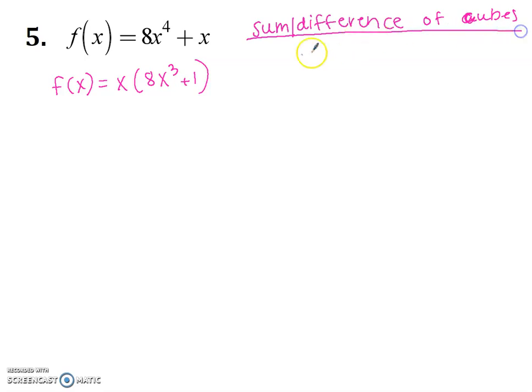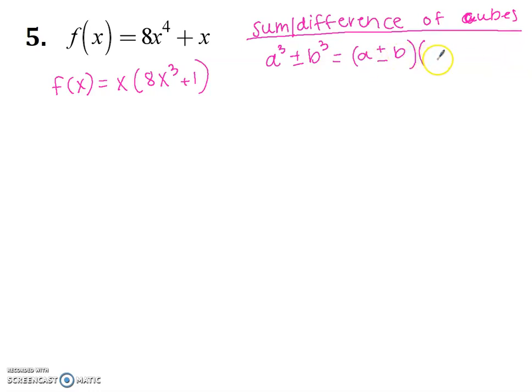To factor a sum or difference of cubes, you're going to have something cubed, and when it comes to a variable, it's a perfect cube if its exponent is divisible by 3. So you have something cubed plus or minus something else cubed. To factor it, what you're going to have first is a binomial. So you're just going to cube root each of these. And whatever this sign is, you're going to keep it the same. So plus stays plus, minus would stay minus.